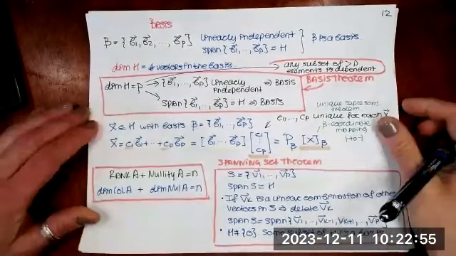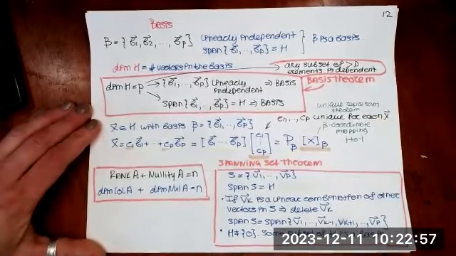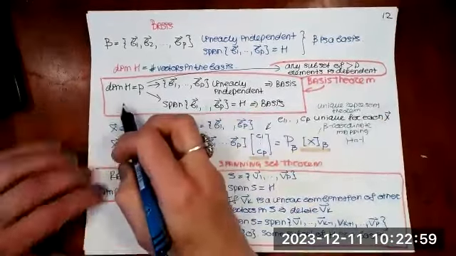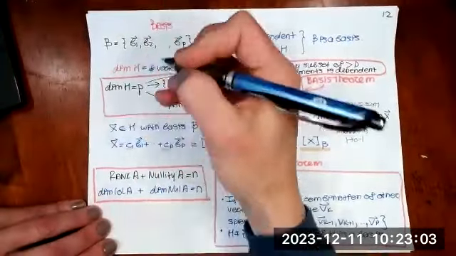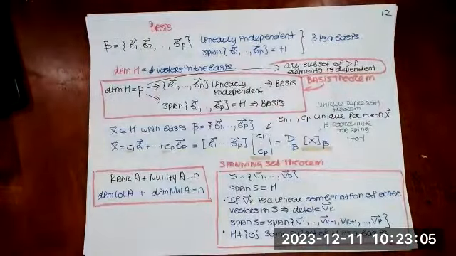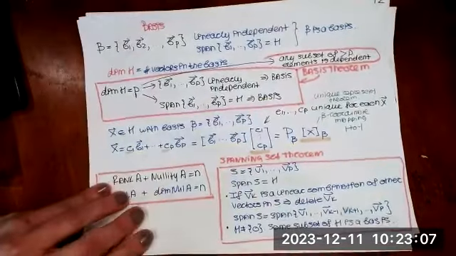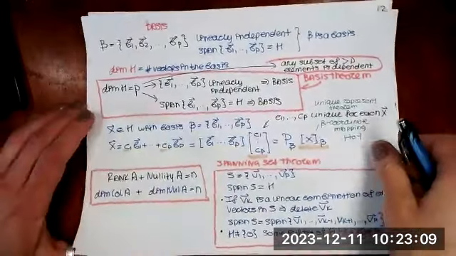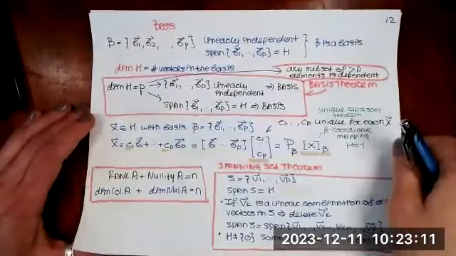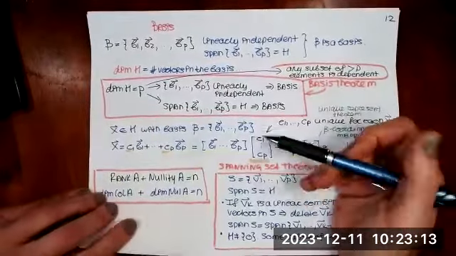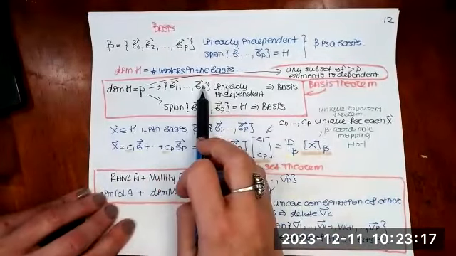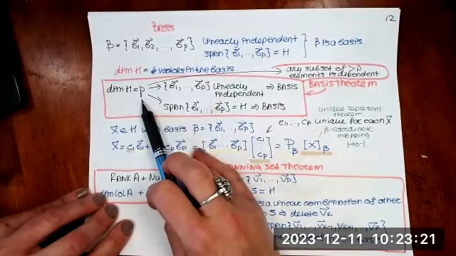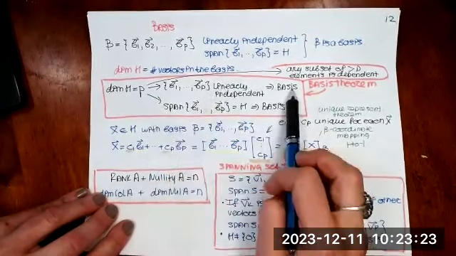And then we had some theorems. Sometimes you know what the dimension of your subspace is. If I have a subspace of dimension P, I already know that I need P basis vectors in my basis. So in that case, you don't have to show both of those conditions. If you have P linearly independent vectors in a subspace of dimension P, then it automatically will be a basis.